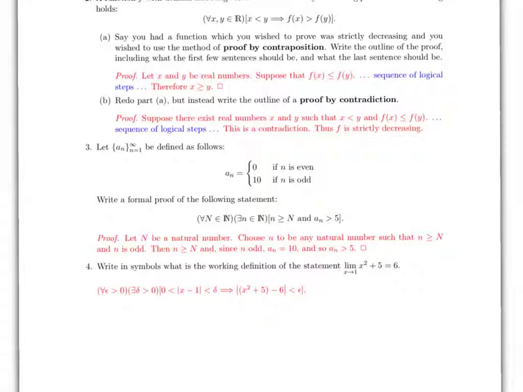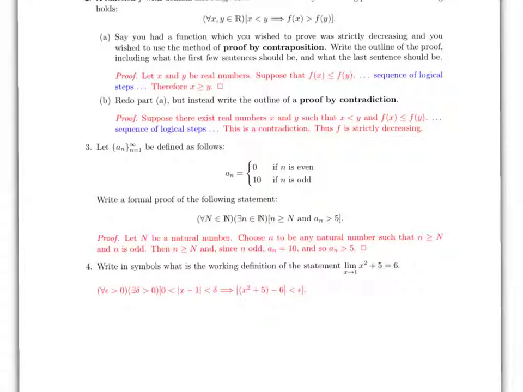The key point is that you have no control over what that capital N is. You don't know if it's 20, you don't know if it's 1, you don't know if it's a million, and so you have to take that into account. Your choice of little n has to work no matter what capital N was given to you.